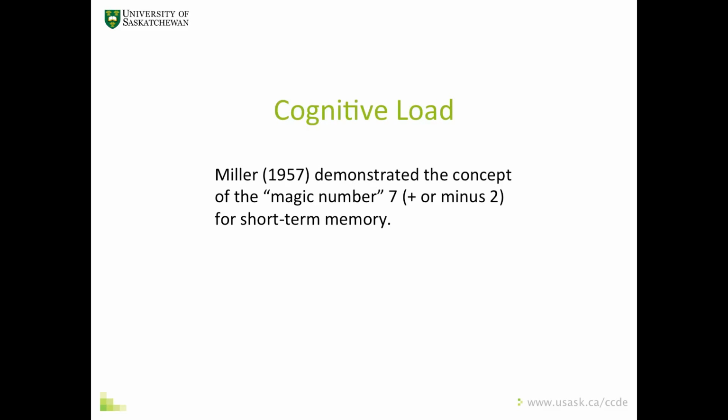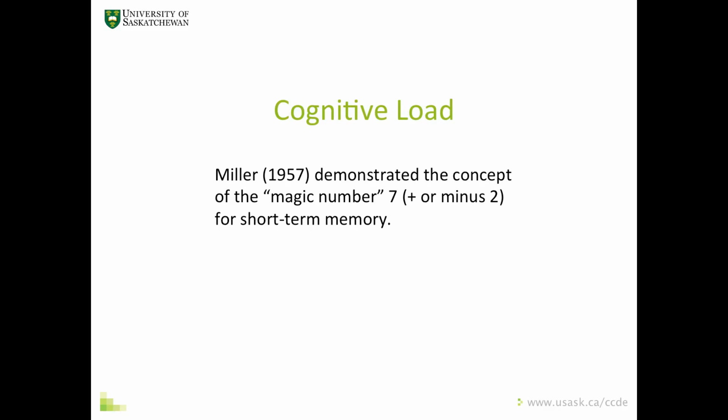An example of cognitive load, the one that's most commonly referred to, is Miller. He came up with the magic number theory, the magic number 7: that in our short-term memory we're able to remember 7 things, 7 digits, 7 whatever, plus or minus 2.